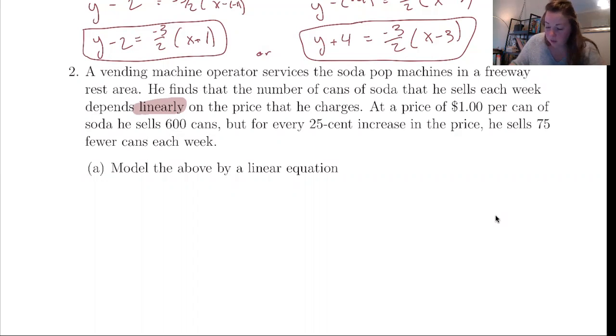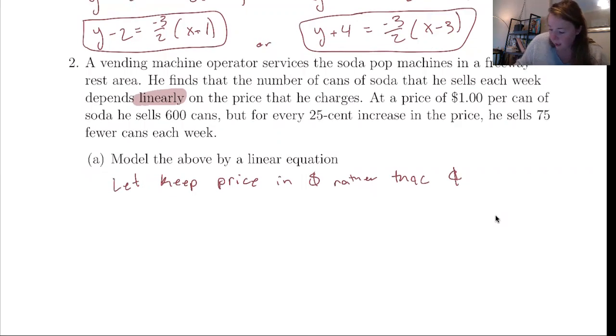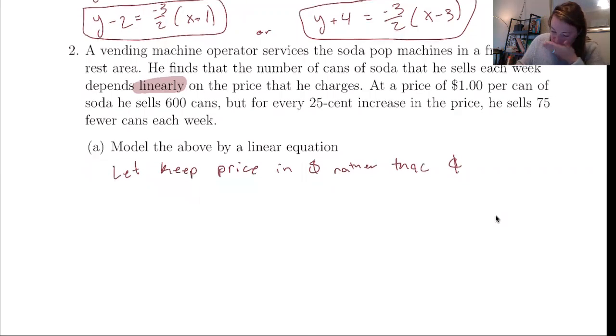So something that we need to choose right now, if we're going to talk about price in dollars or price in cents, I think we should just keep it in dollars rather than cents. So at $1, he sells 600 cans.